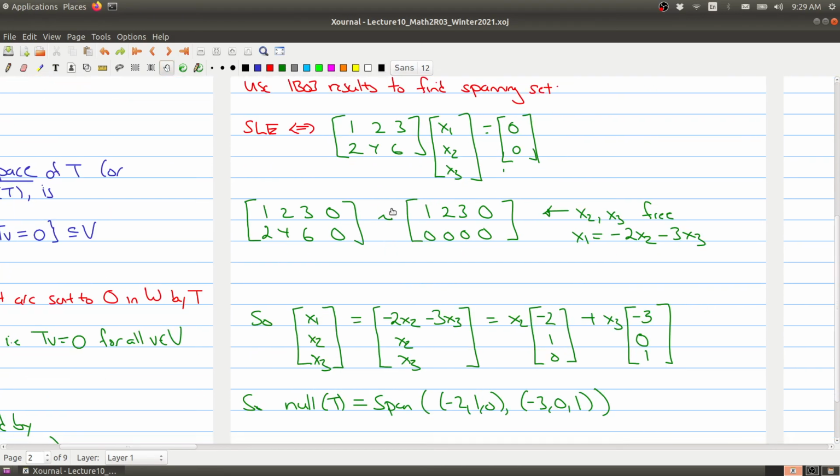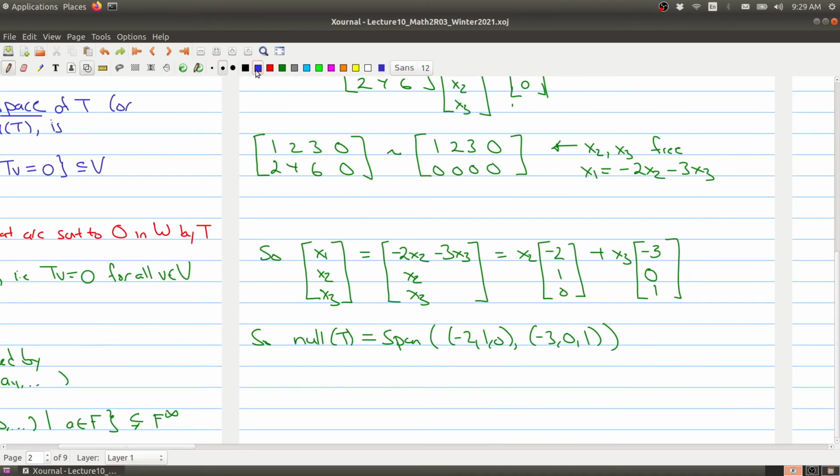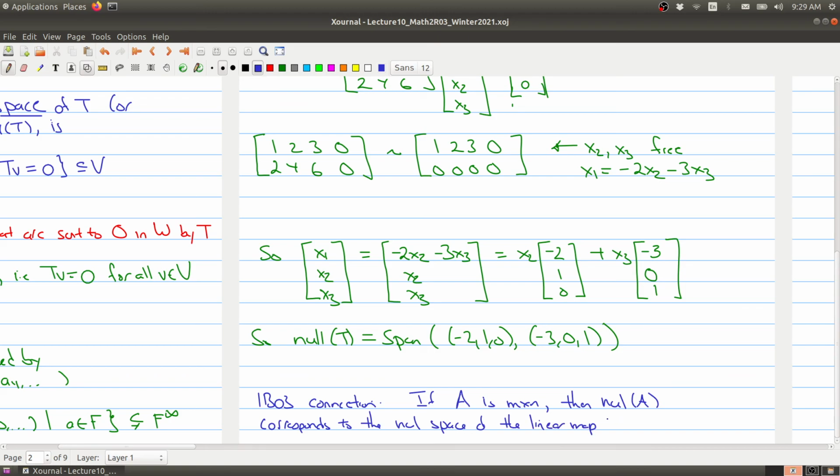Maybe I'll make that explicit. The 1B03 connection: if A is m by n, then the null space of your matrix A corresponds to the null space of the linear map which is given by Tx is equal to A times x.